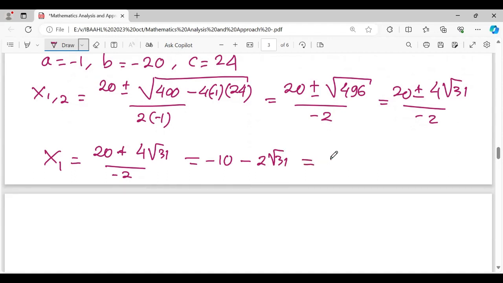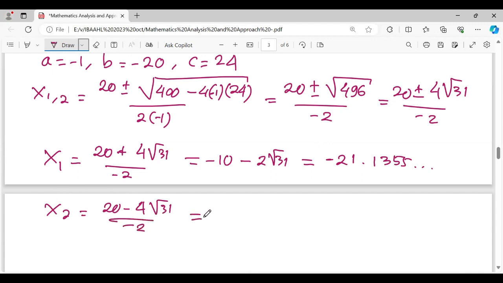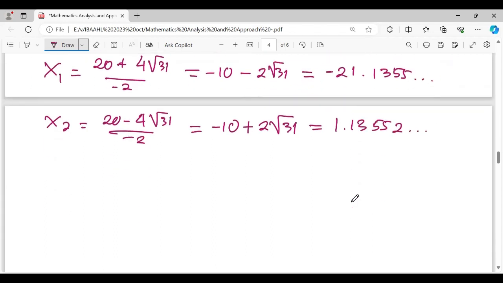The decimal is minus 21.1355, and so on. x2 is 20 minus 4 square root 31 over minus 2, and it is minus 10 plus 2 square root 31, and the decimal number is 1.13552, and so on.